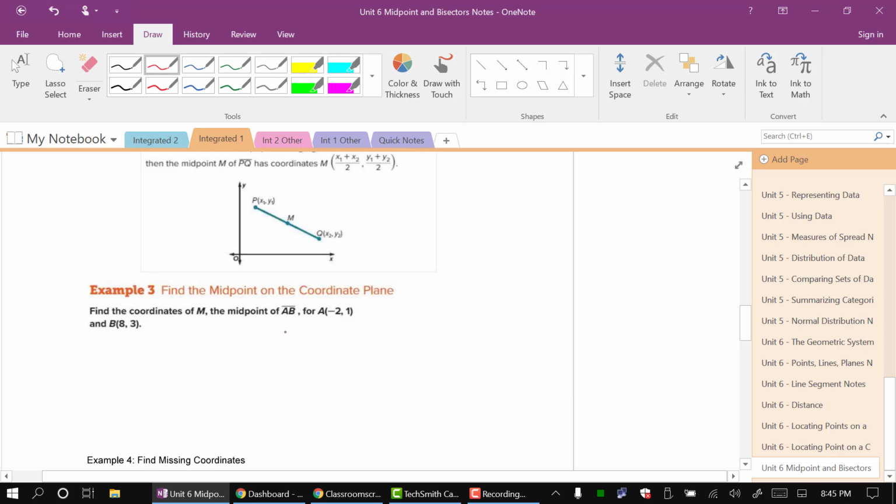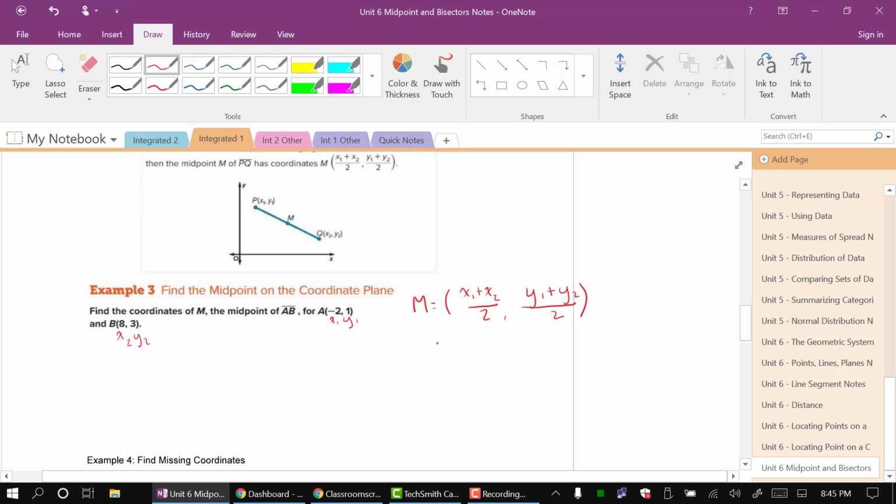With example 3, our A is going to be our x1 and our y1. Our B is going to be our x2 and our y2. So our midpoint, let's put it up a little bit so that way we have some room to work. Our midpoint would be x1 plus x2 divided by 2, and also y1 plus y2 divided by 2.